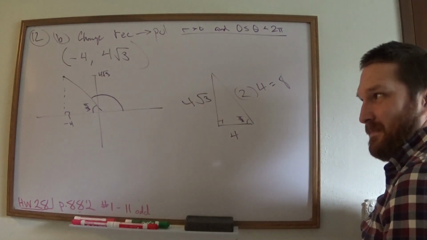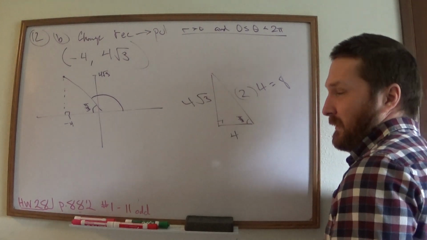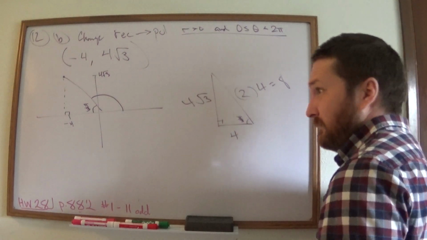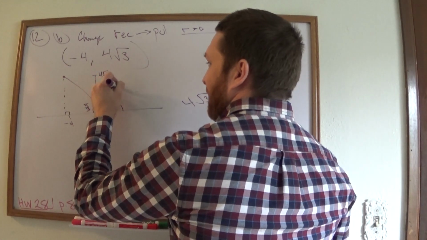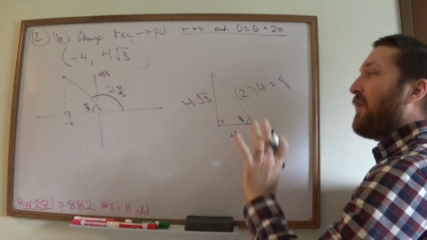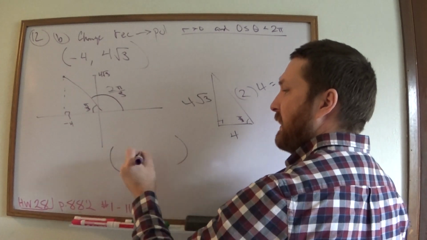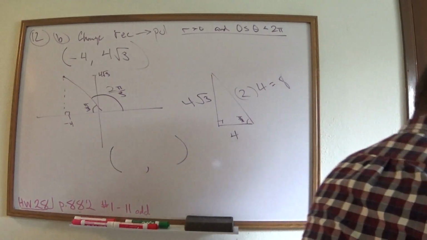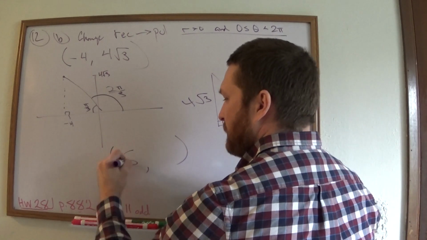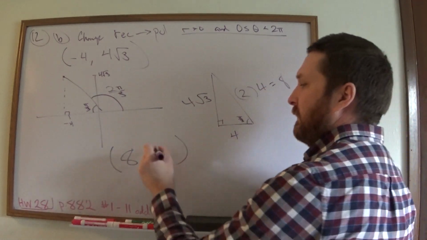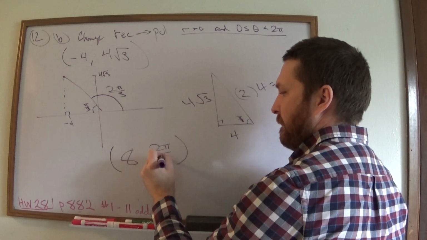So what is that? Pi minus pi over 3, which is 2 pi over 3. So the final answer is r, theta. What's my r? 8. And what's my theta? 2 pi over 3.